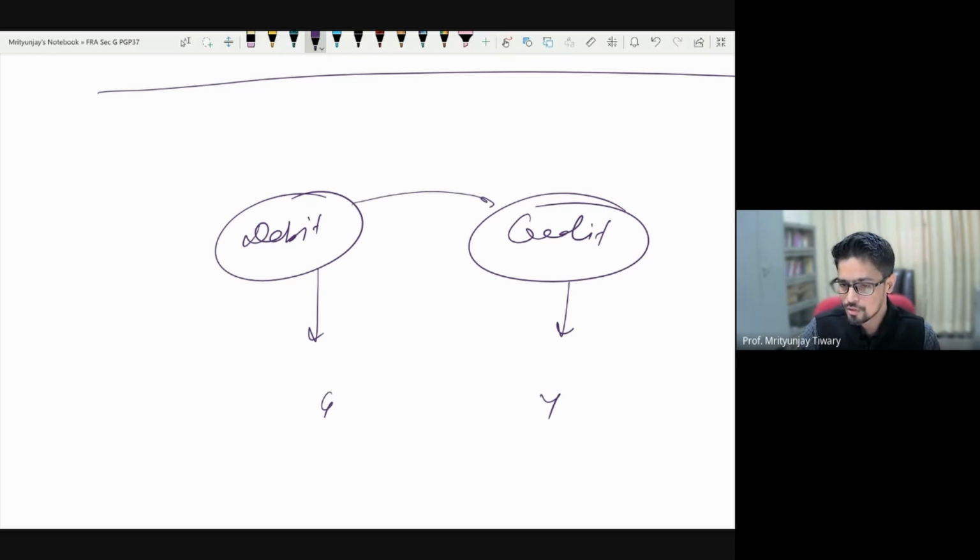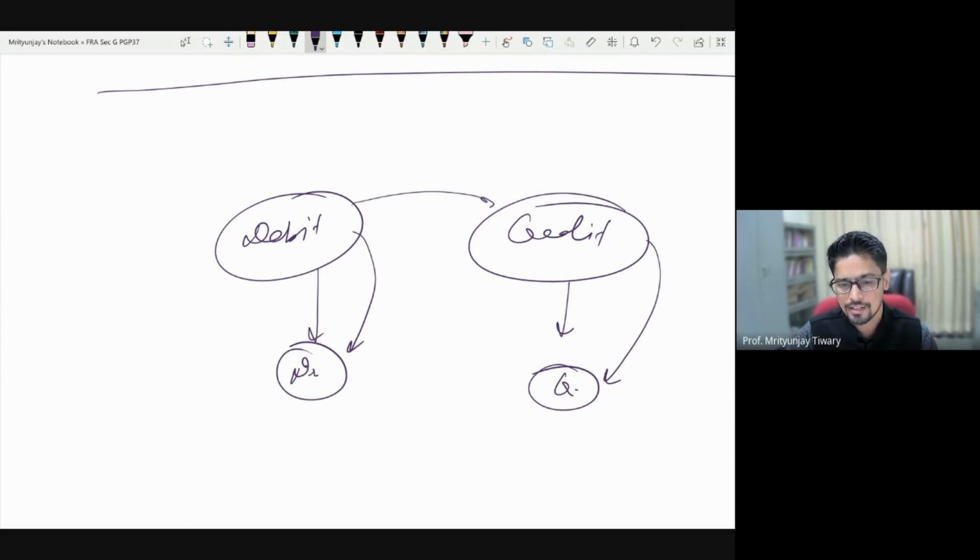Can you say which one is good and which one is bad? No, these are simply codes without meaning. So that's all we are going to do. I'm going to write debit as DR and credit as CR. The reason is that in general, the short form of debit is written as DR and the short form of credit is written as CR.